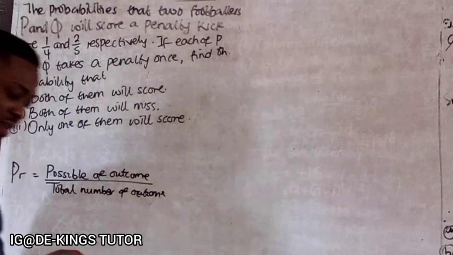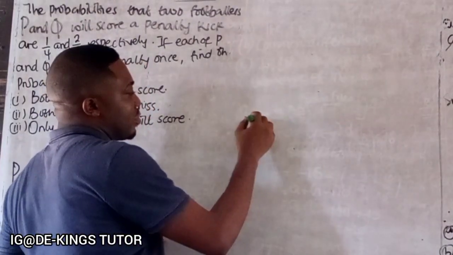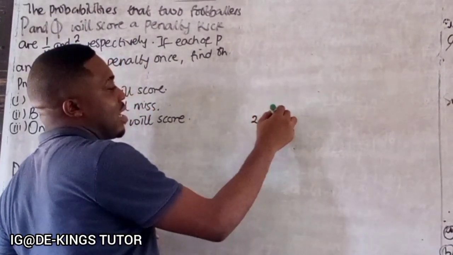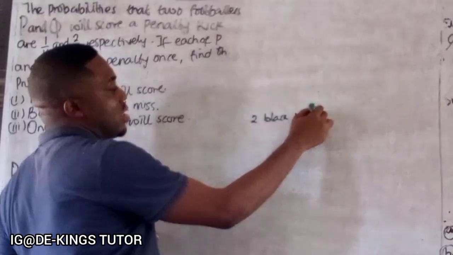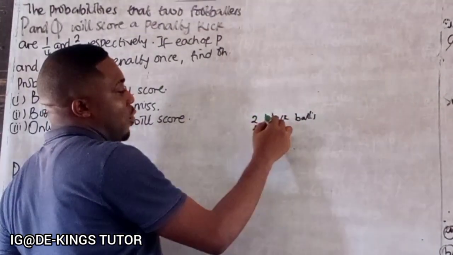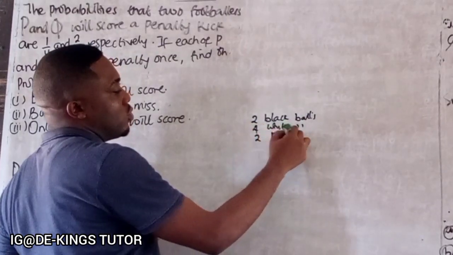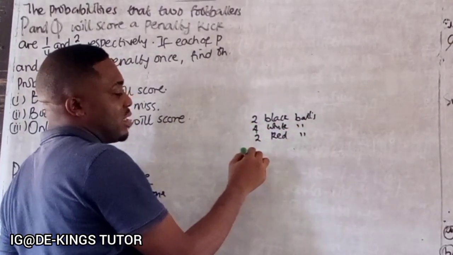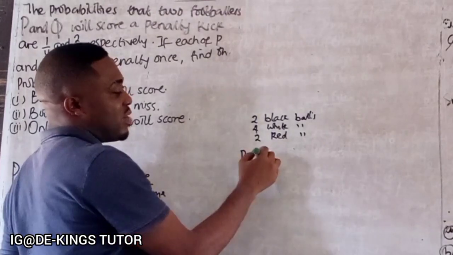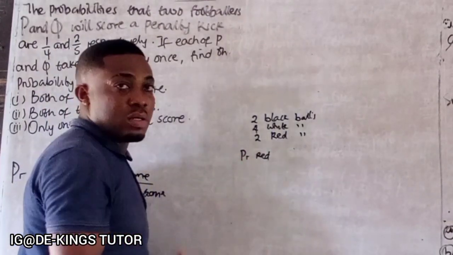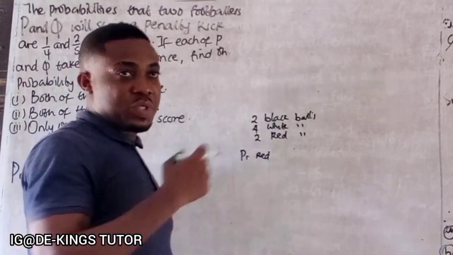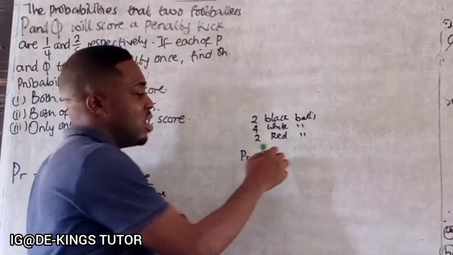For instance, if we are given in a box two black balls, 4 white balls, and 2 red balls, and they say find the probability that a ball picked at random is red.